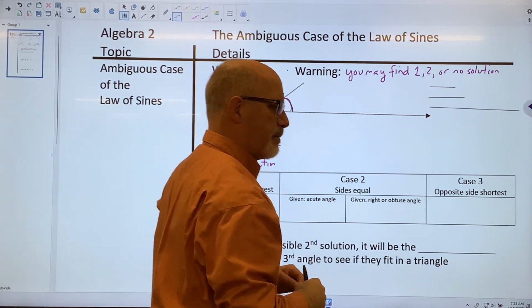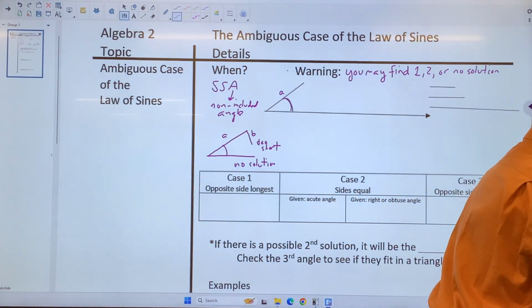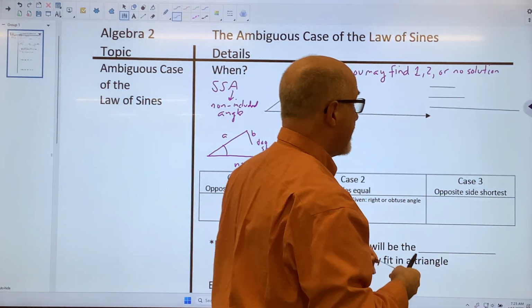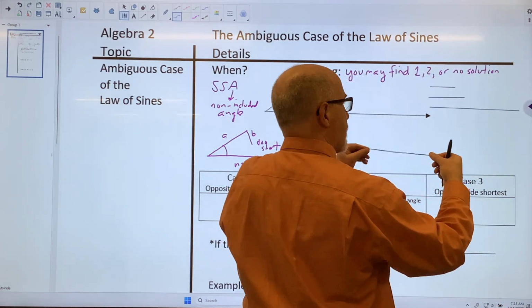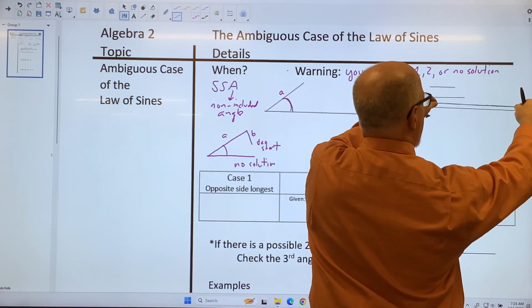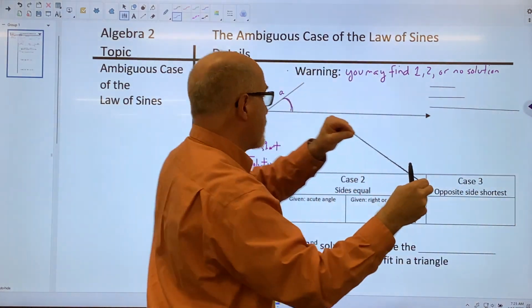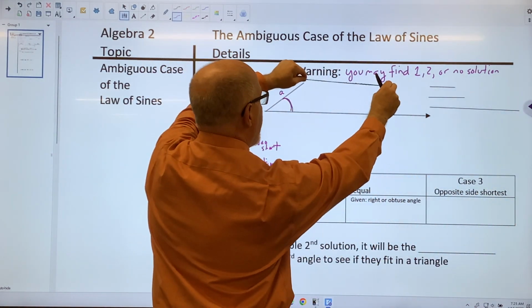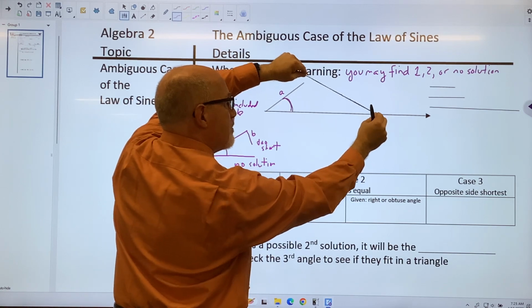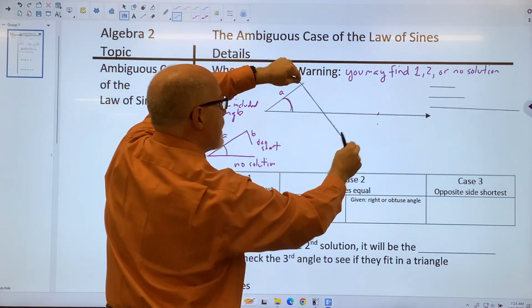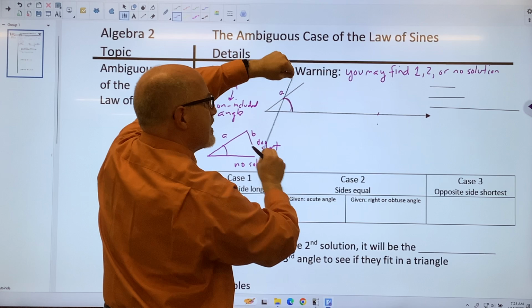So that's one possibility. Now, what if instead we were given a length of side here that's really long? So let's go to this one, a really long side. When I swing this side here, it hits right over here and gives me a side there. But when I swing it further, it never hits the side again.